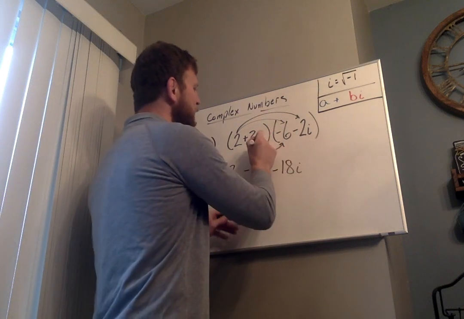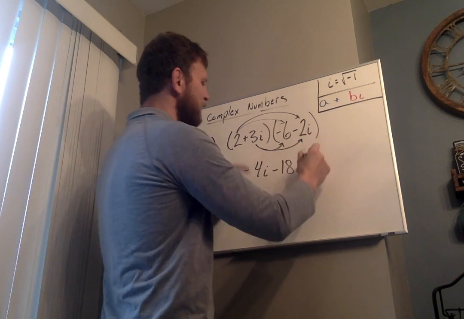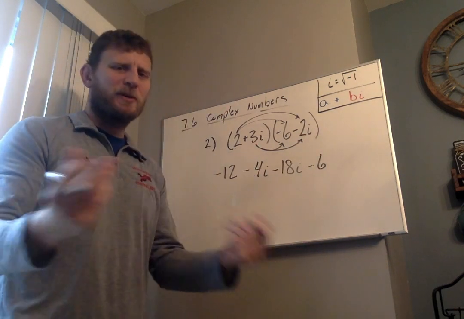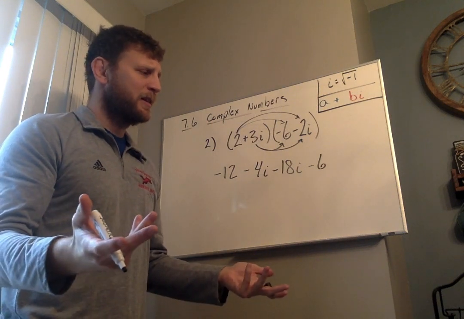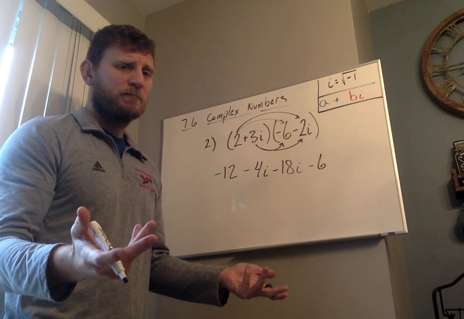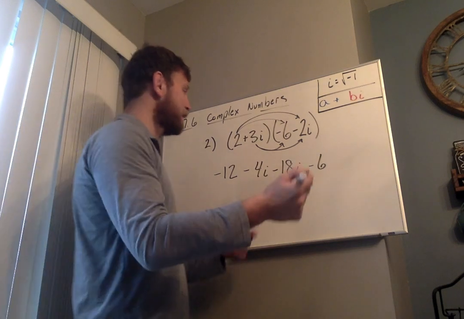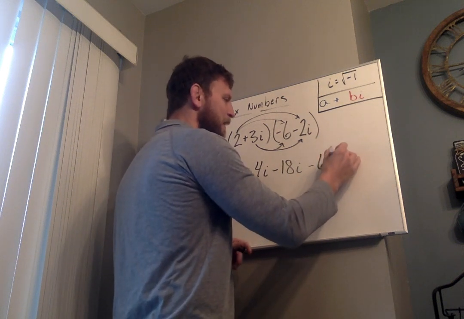And this is where it gets a little tricky. So 3 times -2 is -6. But if that was an x, what would x times x be? Well, Dylan? Yeah, it would be i squared. So this is going to be i squared.